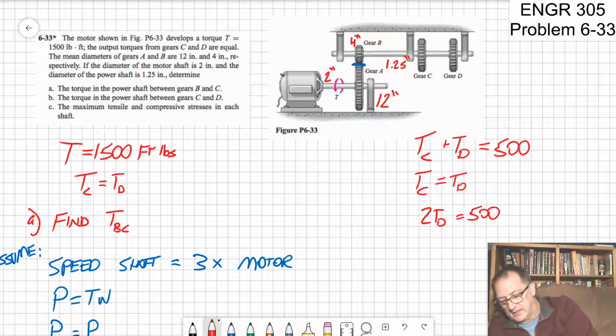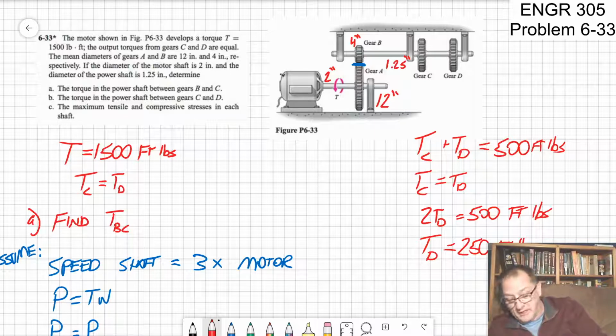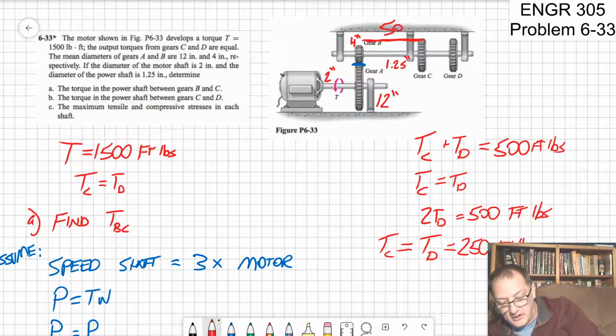Essentially I can substitute in and get 2TD is equal to 500 foot-pounds. And so TD is equal to 250 foot-pounds. And so gear C, that's also equal to torque at C. So for this section, it's at 500, and then I drop 250, and it's at 250, and then I drop another 250, and it's at 0 out here.